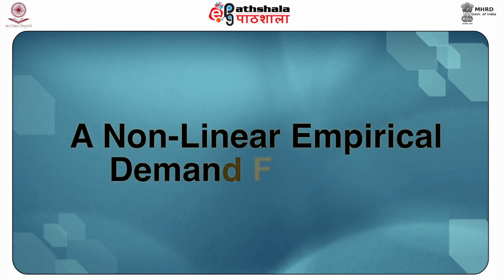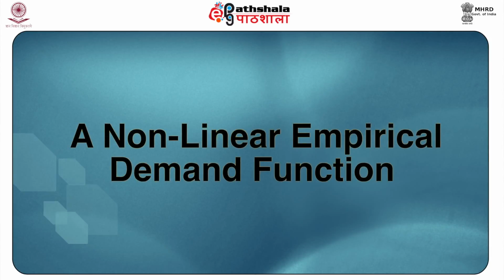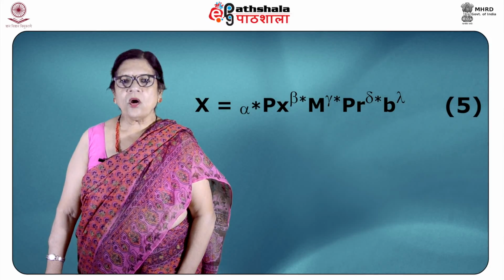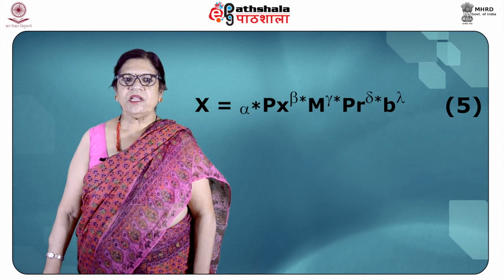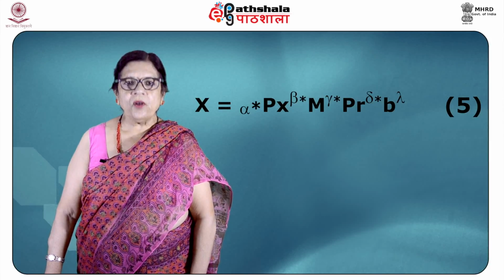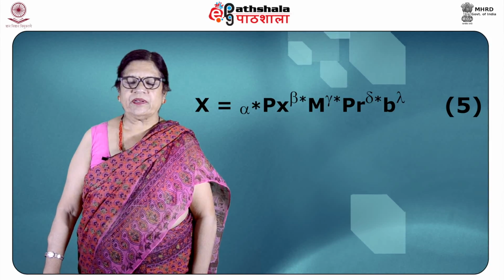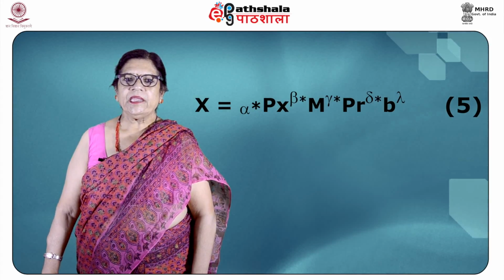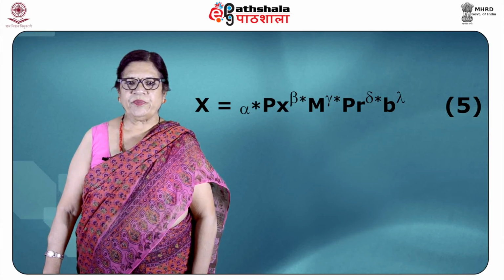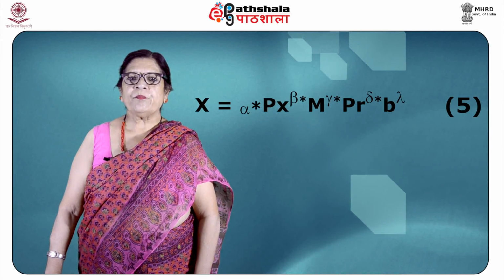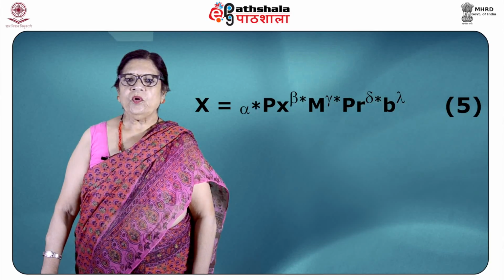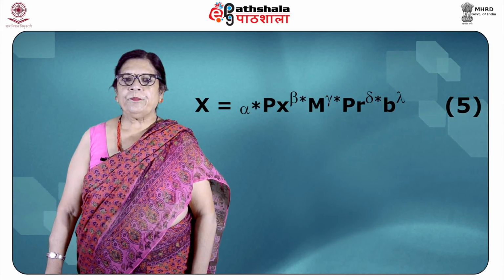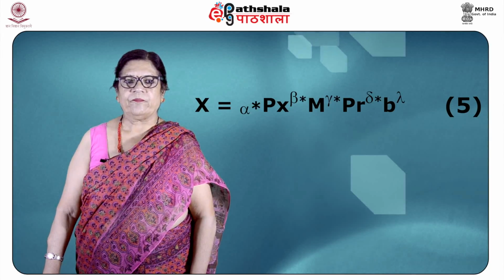Let us look at the non-linear empirical demand function. The most commonly used non-linear empirical demand function is a function in log linear form, which can be written as X is equal to alpha into Px to the power of beta into M to the power of gamma into Pr to the power of delta into B to the power of lambda.